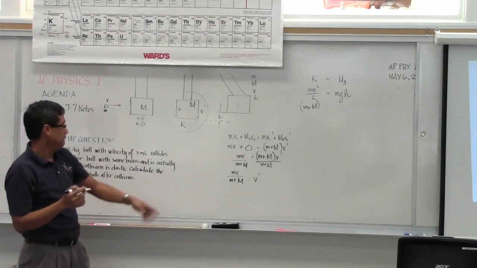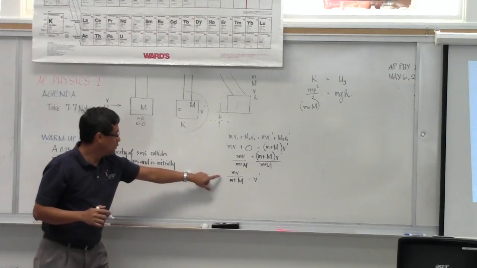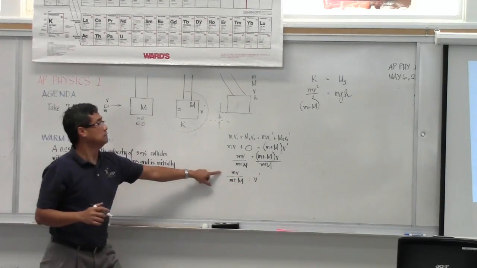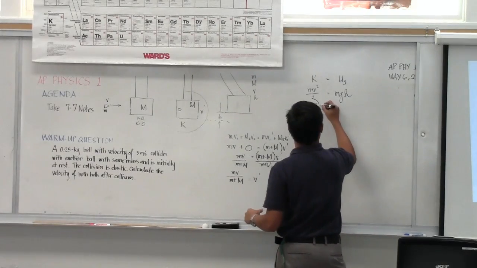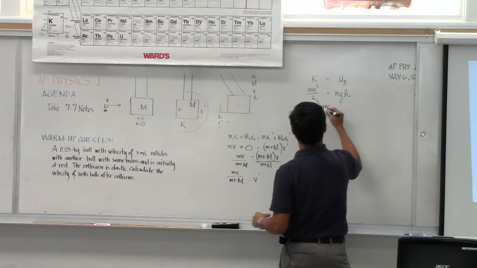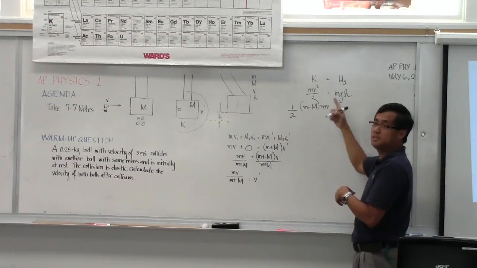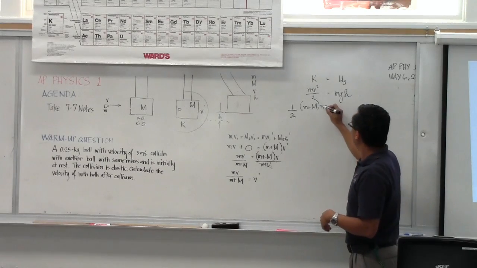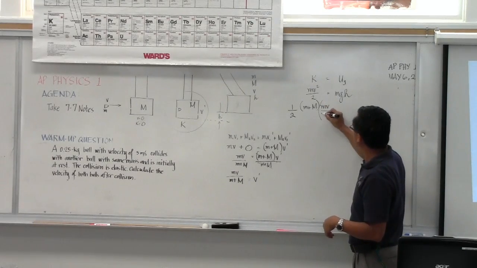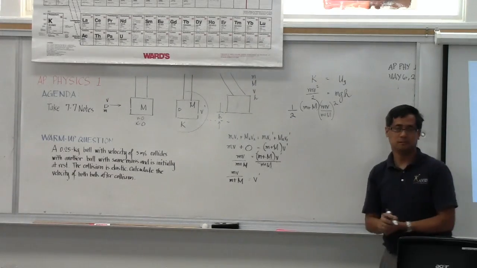That, right there. And what is V prime equal to? I'll write the 1/2 because it's 1/2 mv squared. So it's mv over m plus big M, squared.